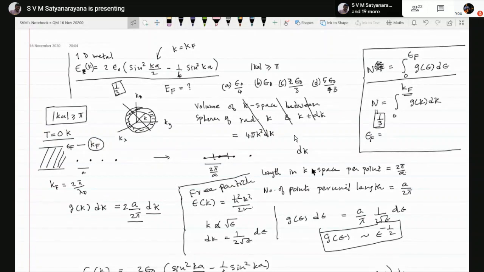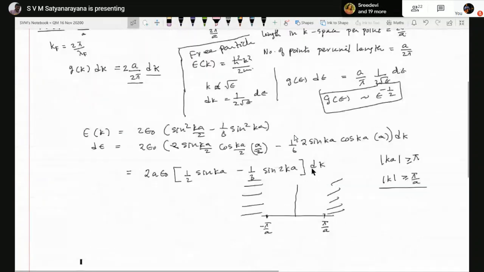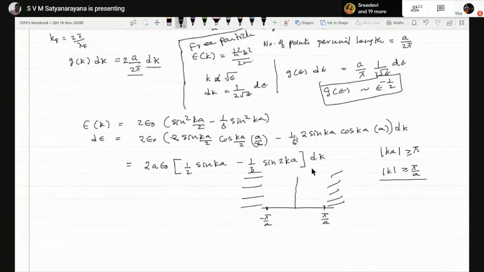If you are trying to have a dispersion relation, pi by A, and then whatever is there on this side is beyond the gap from here and this has to be folded back, right?